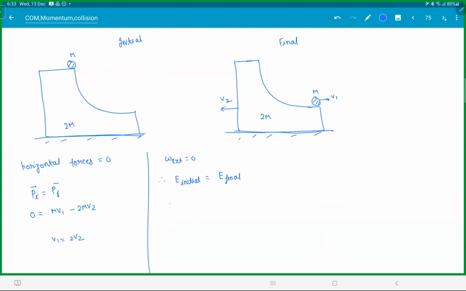Initial energy will be mgr. The ball is at a height, so basically you're choosing this as a reference line for potential energy. Finally, when the ball comes out, potential energy is 0. The energy will be half mv1 squared plus half 2mv2 squared.